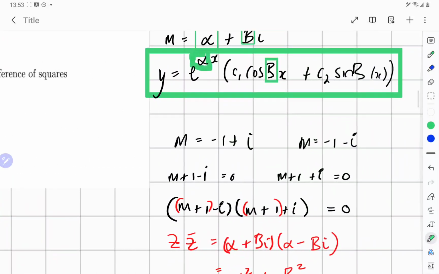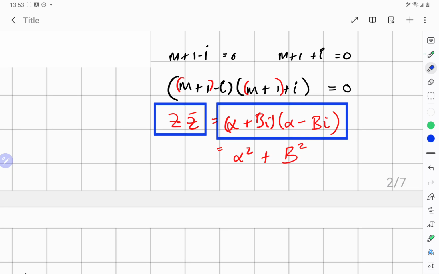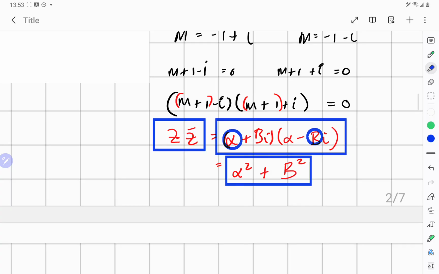The other method that we can use that I always mention in my videos, I've noticed that students often forget about it. If we times a complex number times its conjugate, we can just square the alpha and we can square the beta, and that will give us our final answer.